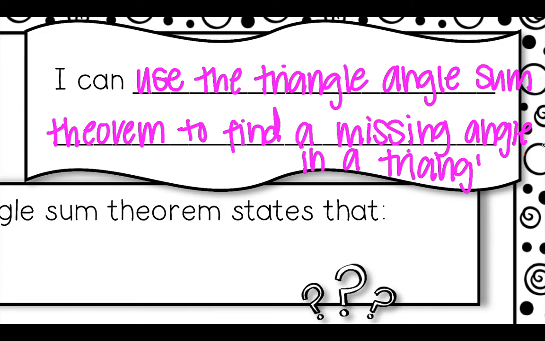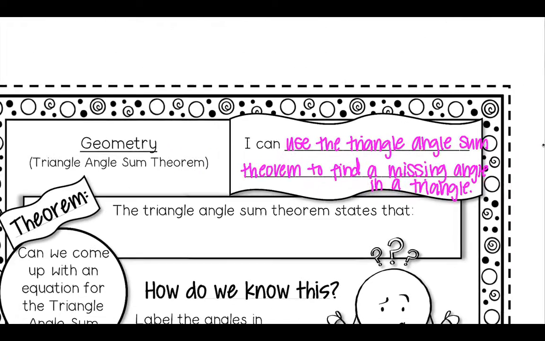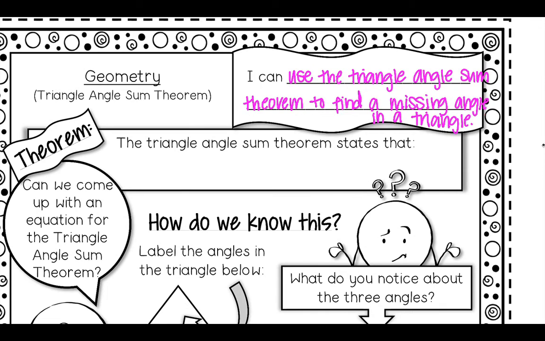So that's what we're doing. We use this theorem to find angles in a triangle. So if I'm given two angles for a triangle, I can always find that third missing piece by using this theorem. First, I want to talk about a theorem.